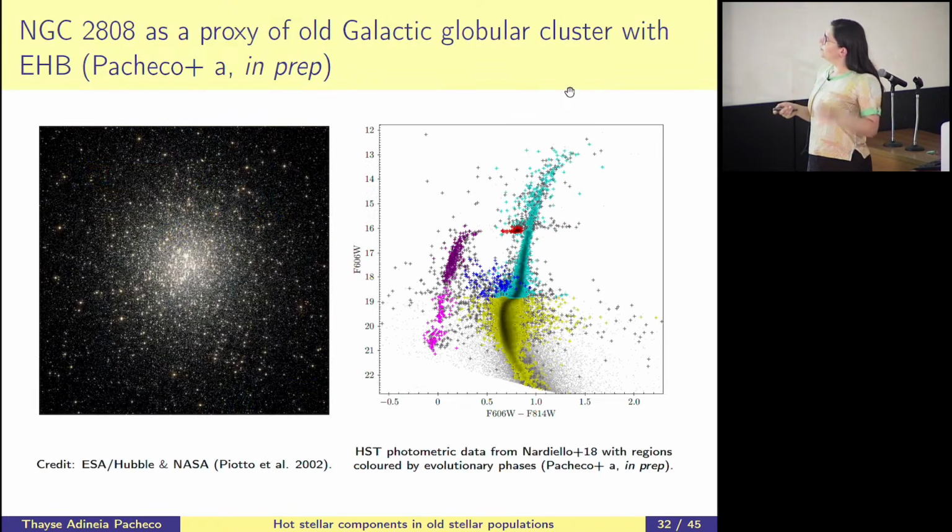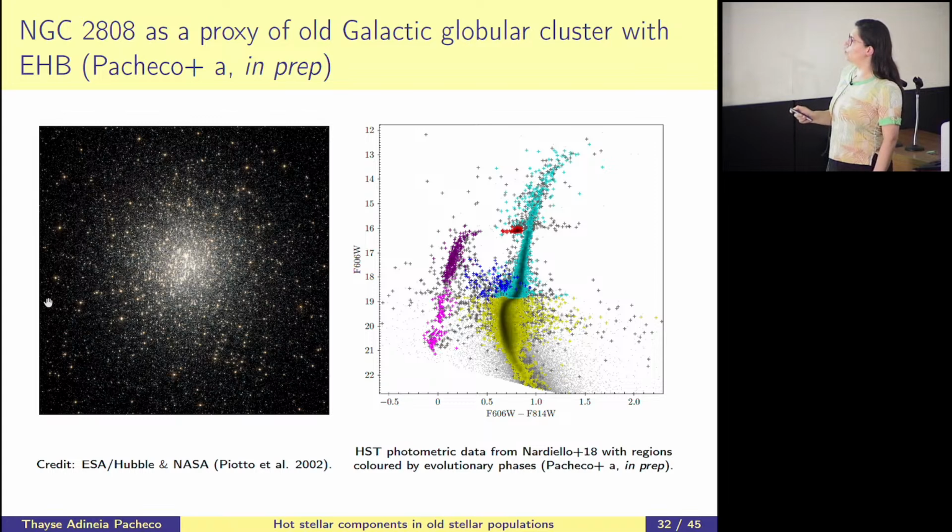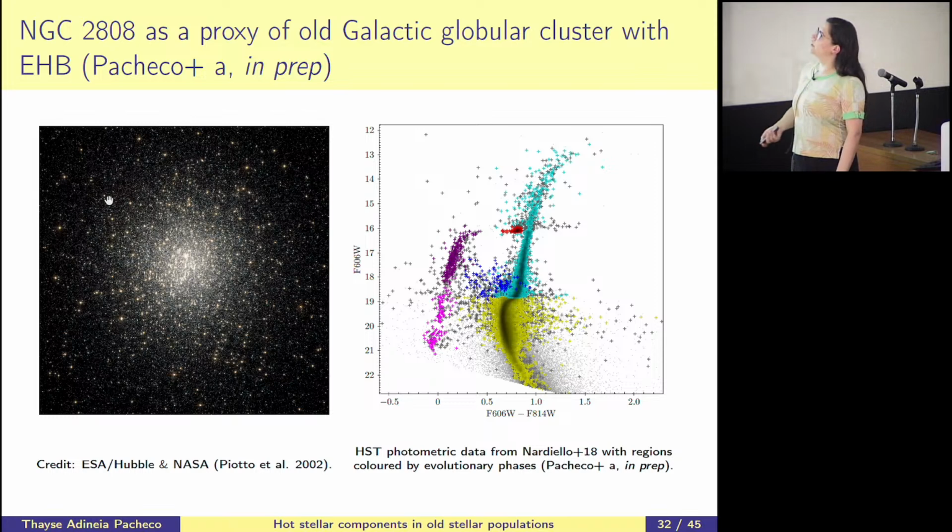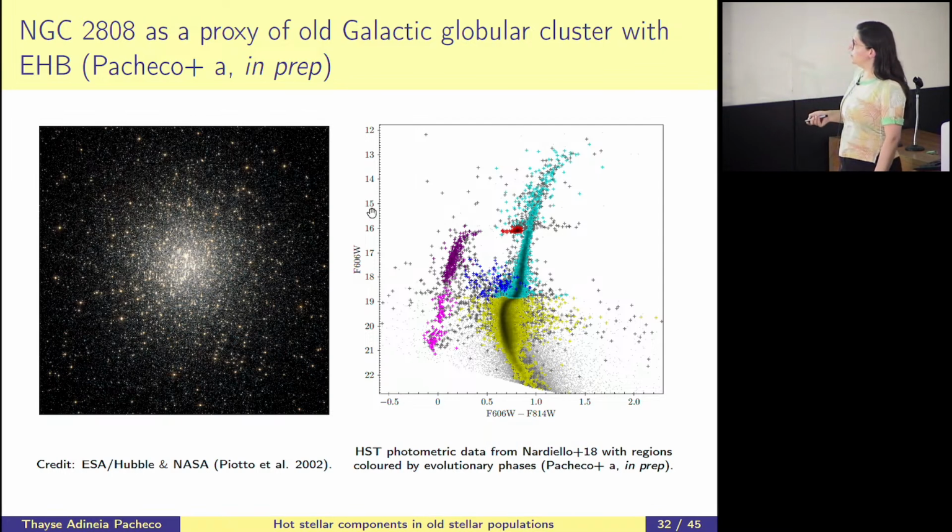Here I'm showing a beautiful image of NGC 2808 as a proxy of an old galactic globular cluster with an extreme horizontal branch. Here we are showing a color magnitude diagram using Hubble Space Telescope photometric data.